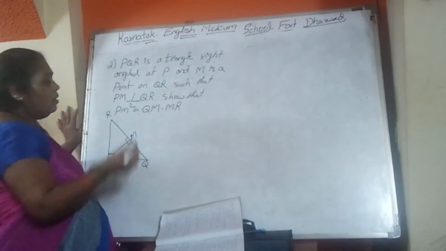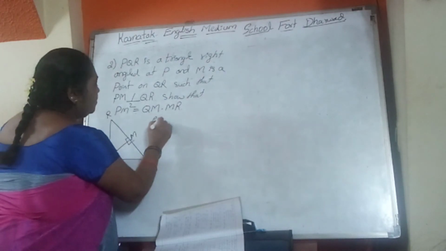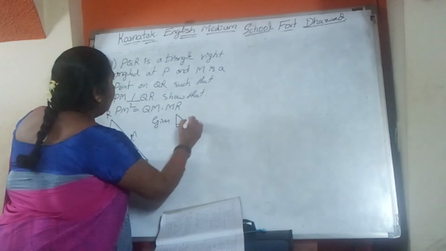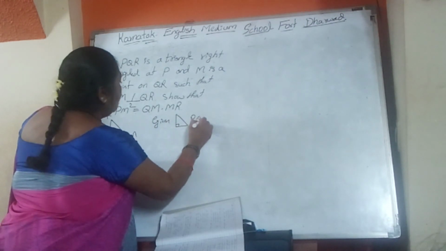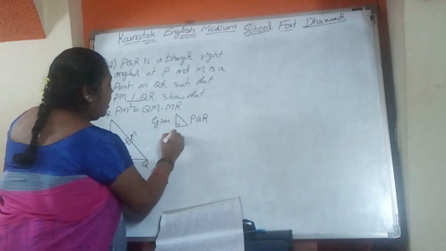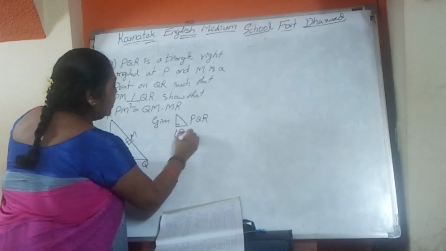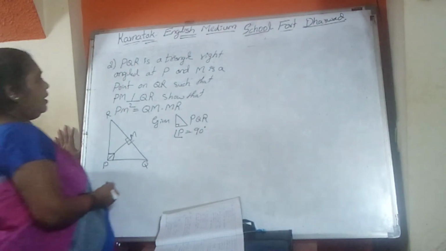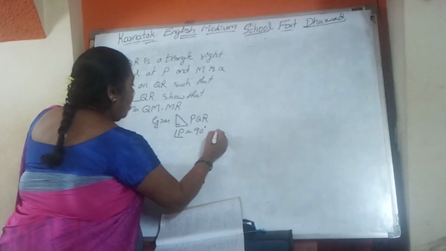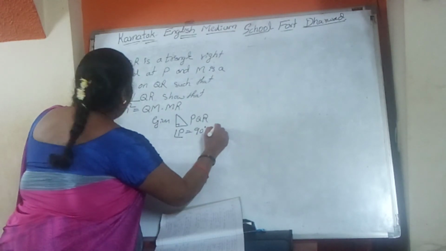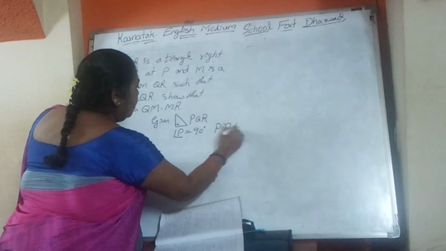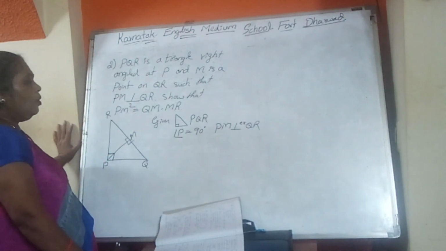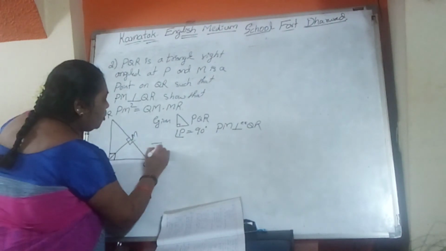What is given here? Right angle triangle PQR means angle P is equal to 90 degrees. And M is a point. They gave PM perpendicular to QR. So what can you prove here?